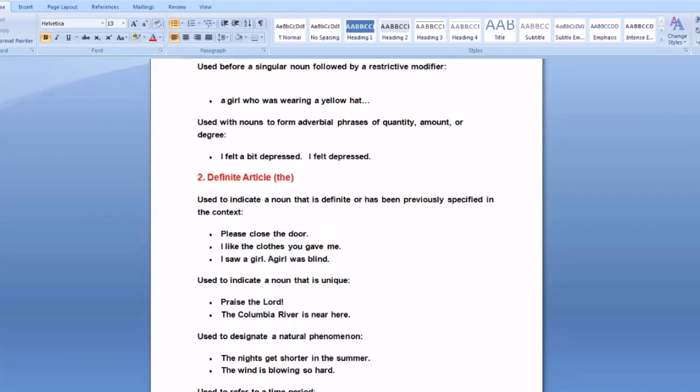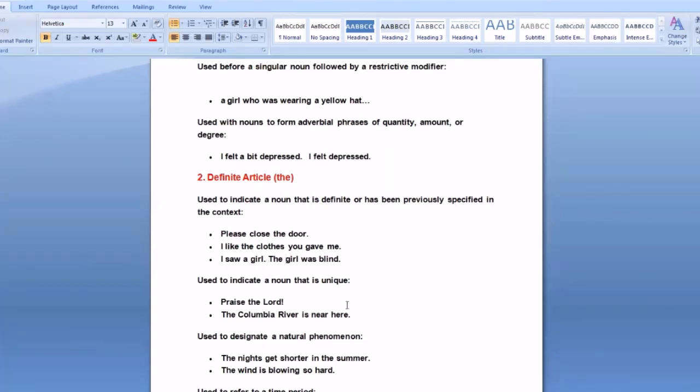If I use the indefinite article, it will make it unspecific. But if I use the definite article, then it means I'm talking about the girl whom I had seen, not any girl. Okay. So if you mention a noun once in the same context, when you mention it again, then you will have to use the definite article.